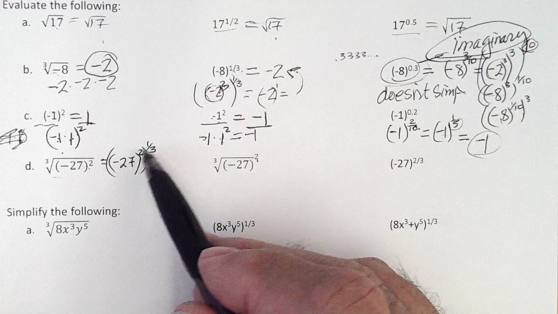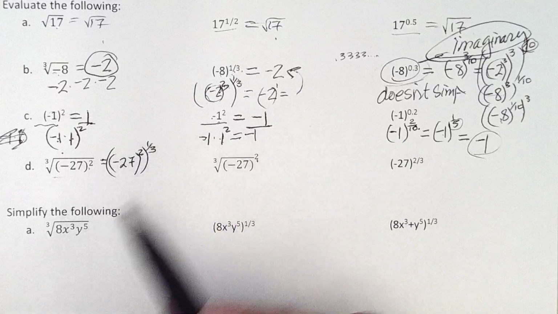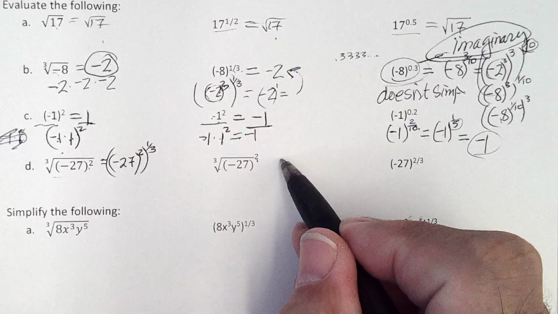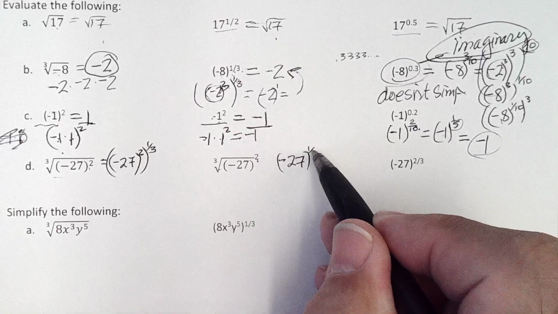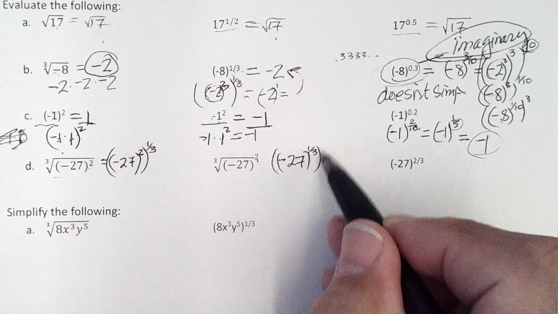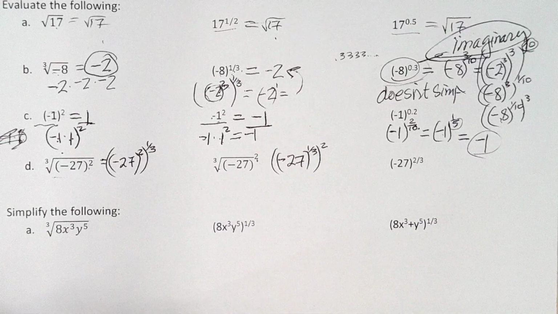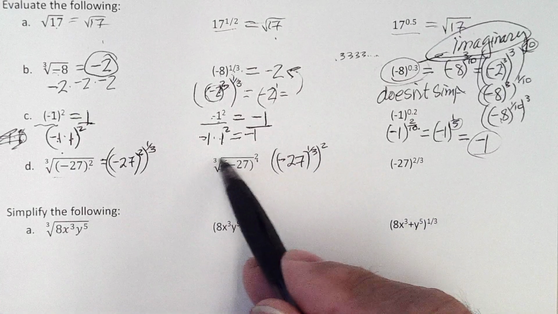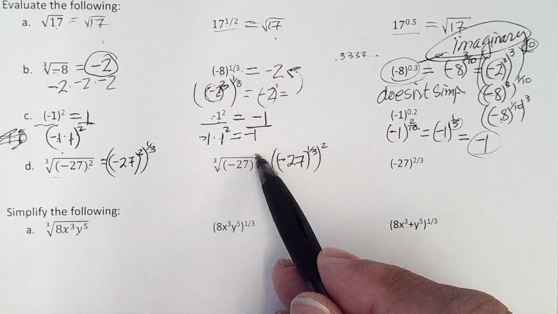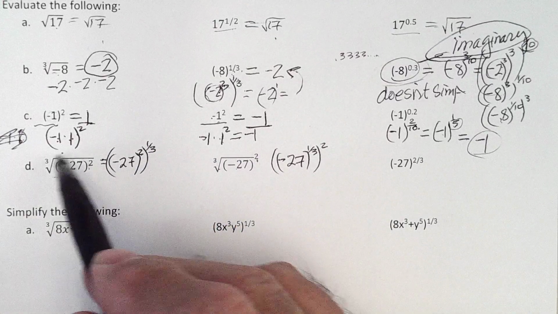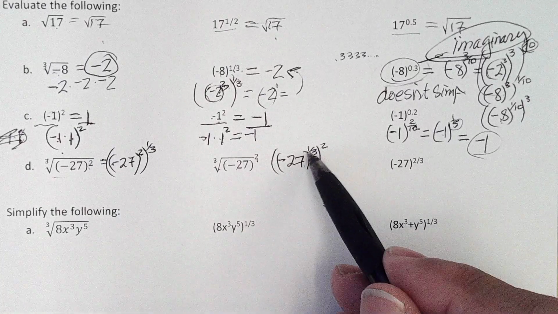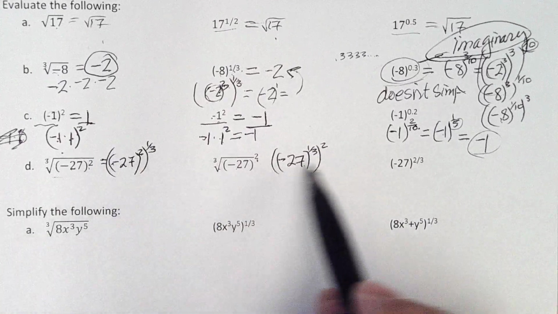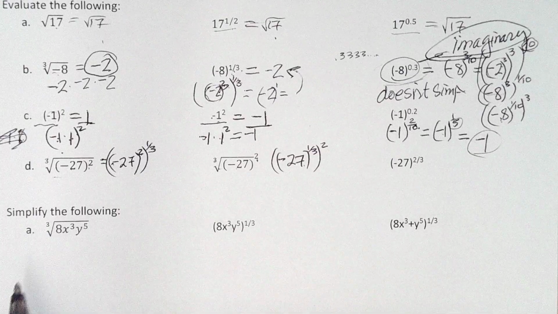You're supposed to multiply these, but you can multiply them in either order, so it could be negative 27 to the 1/3 to the 2. This says do the cube root first and then square it. This says square it and then do the cube root. They are the same because when you multiply these, we get negative 27 to the 2/3.